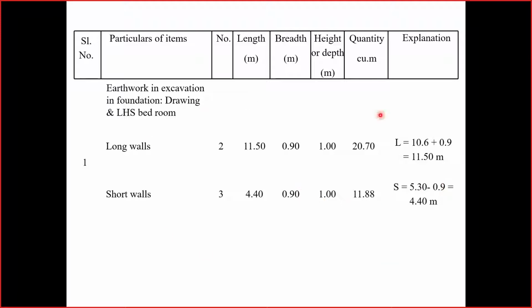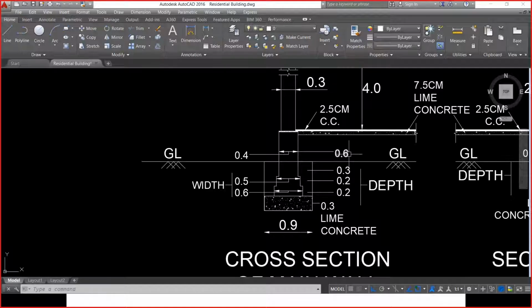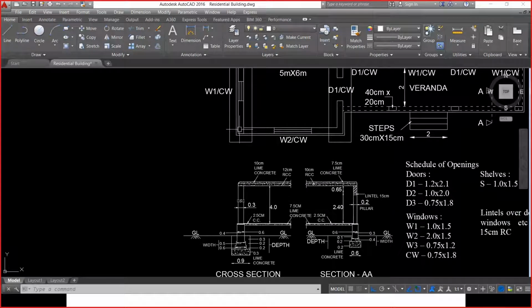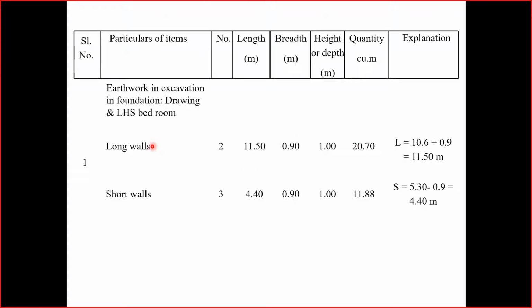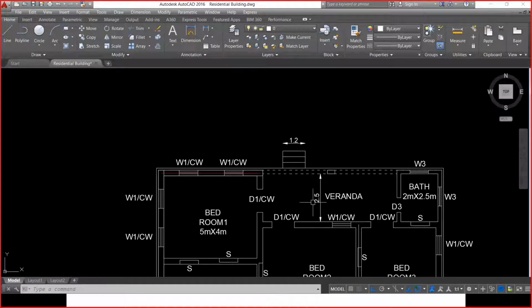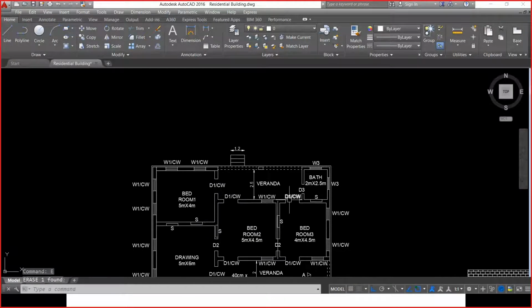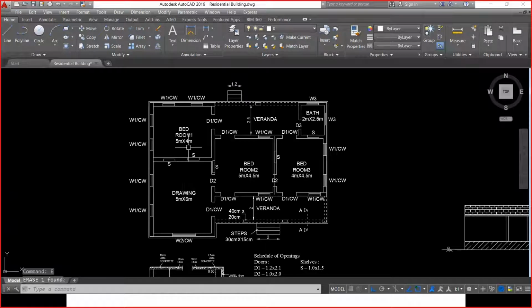So once we get these things, after the calculation of earthwork in excavation, long wall and short wall, we usually have the tendency to calculate the total quantity of excavation. But here, if we observe carefully, we have done the calculations only for the drawing room and bedroom number 1.